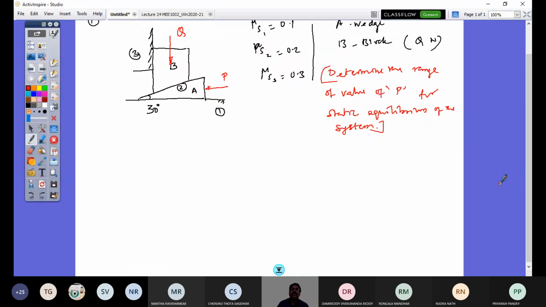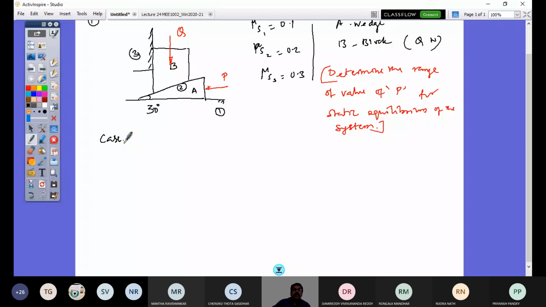The range of value of P is asked, meaning in the absence of P, the load Q of block B can push the wedge to the right. So you require a force P just to hold the wedge at the position, and you can increase the value of P so that you just impede the load of B from moving up. So there can be two states. Draw for both conditions and get the lower and upper value of P. So let's consider case 1.